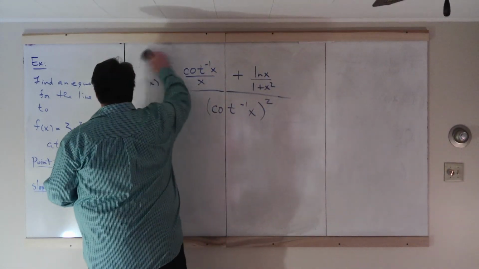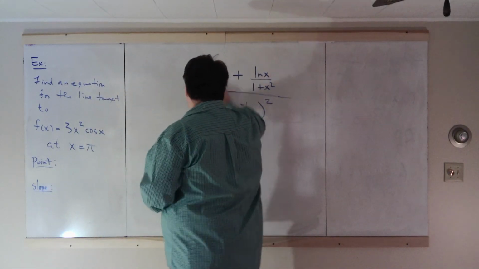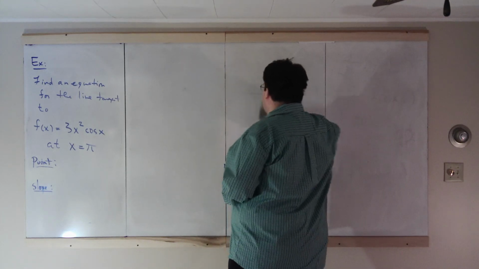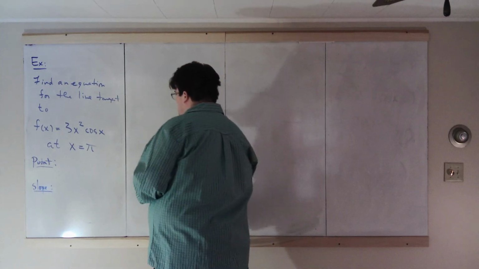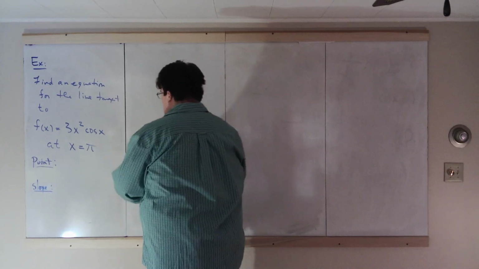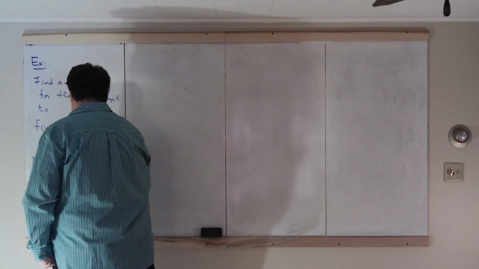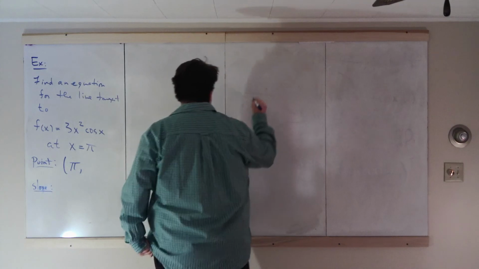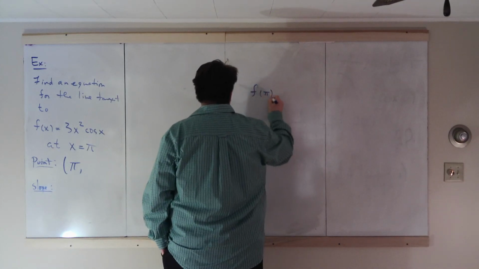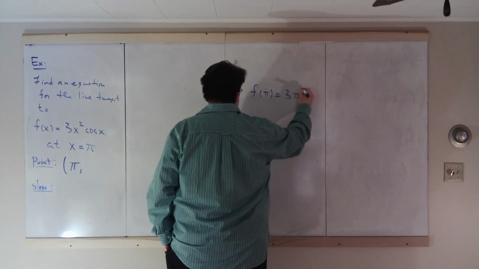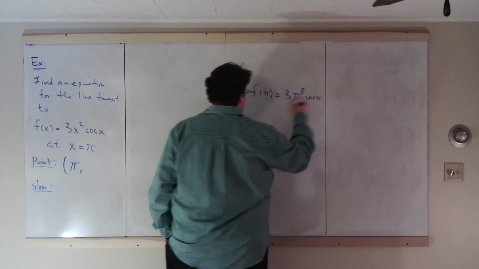Well, for a tangent line, we need a point and we need a slope. We need a point and we need a slope. Well, the point is when x equals pi. So we have x equals pi and we need a y value. Well, the y value is 3 pi squared times cosine pi.